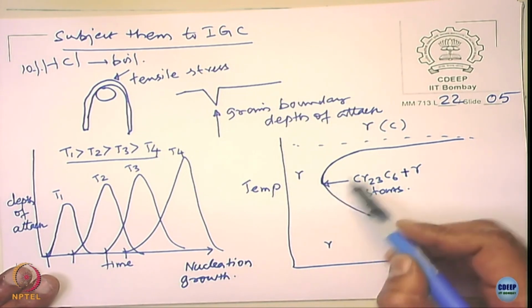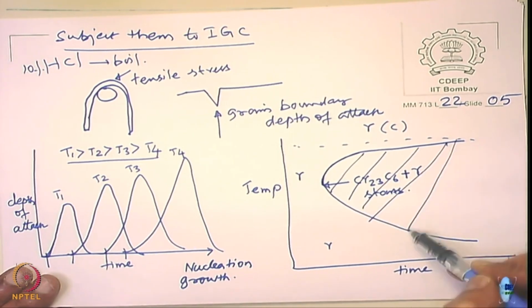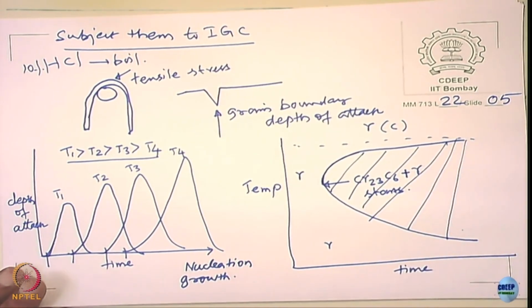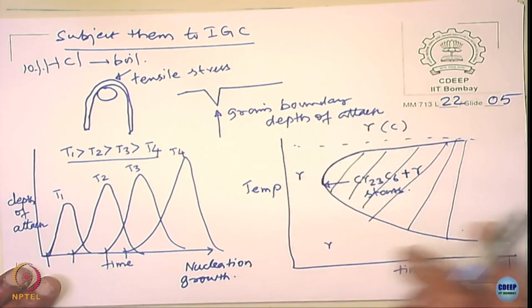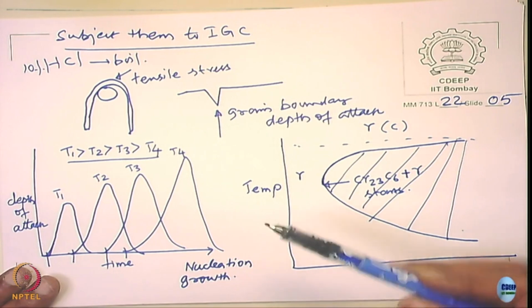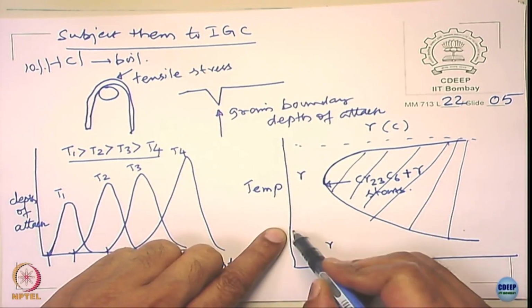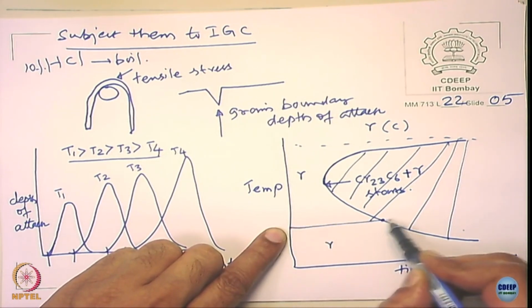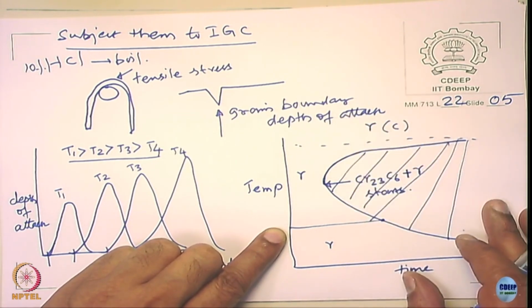The chromium carbide starts forming only in certain regions, and around these regions there will be no chromium carbide formation. How do I interpret this? At any given temperature, suppose I take this temperature, unless you cross this line, the alloy will not get sensitized. That is true for all cases.